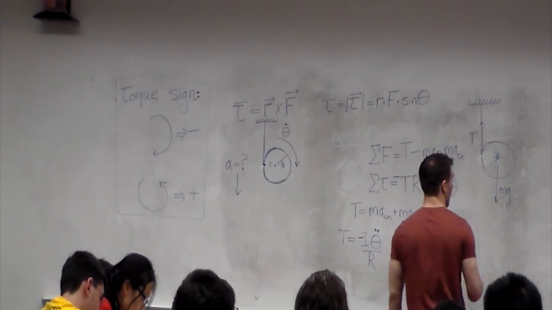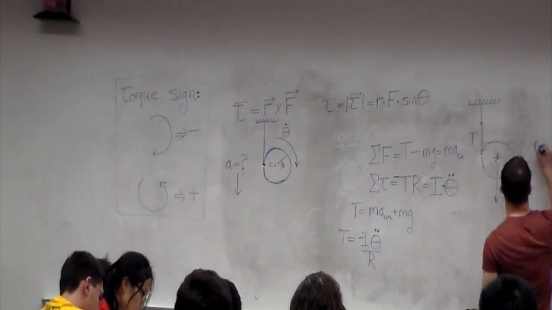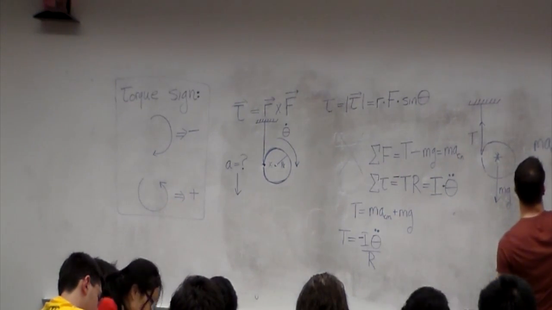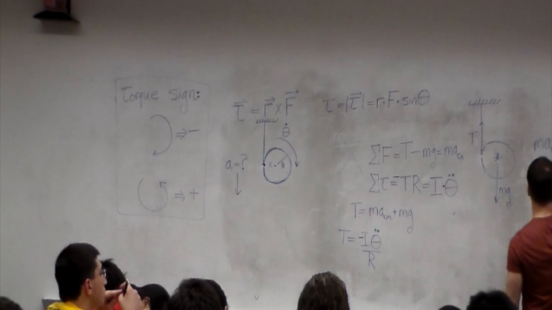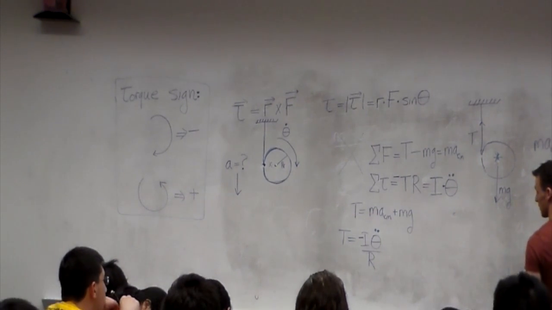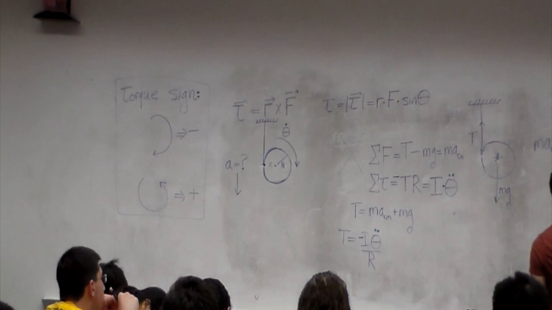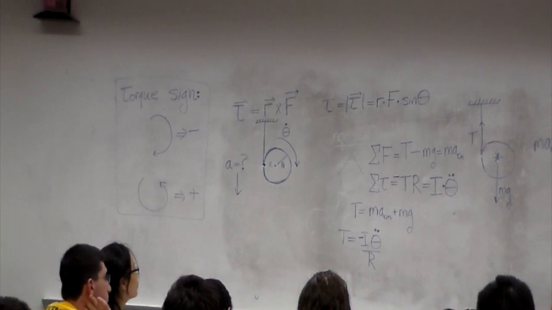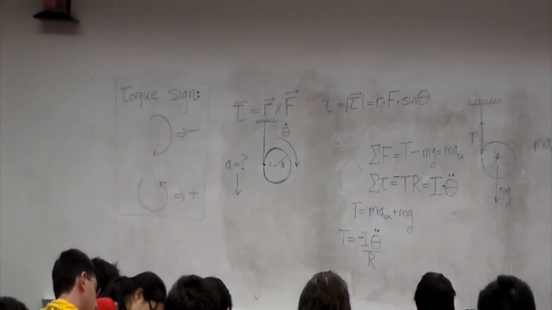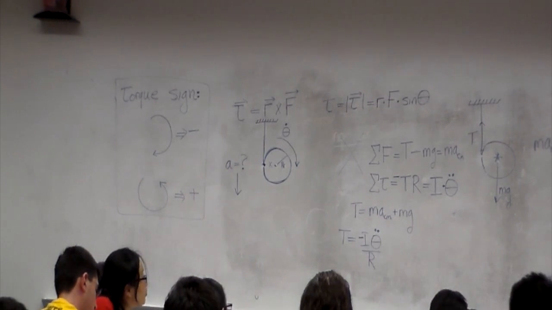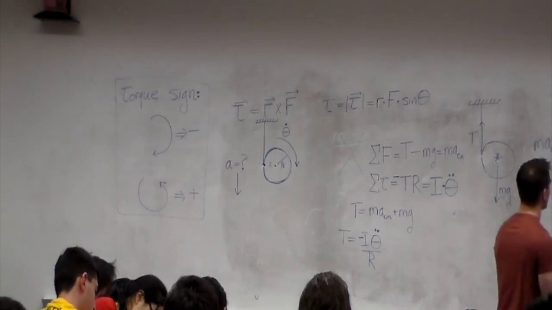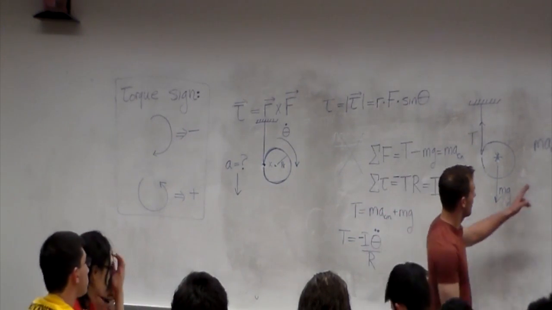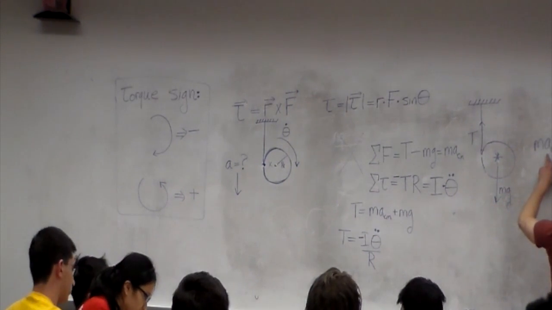So therefore, I find that here, m a center mass plus mg is equal to minus I theta double dot over R, and because of that no-slip condition, that's equal to minus I a center mass divided by R squared. So I have an a center mass over here and an a center mass over here.